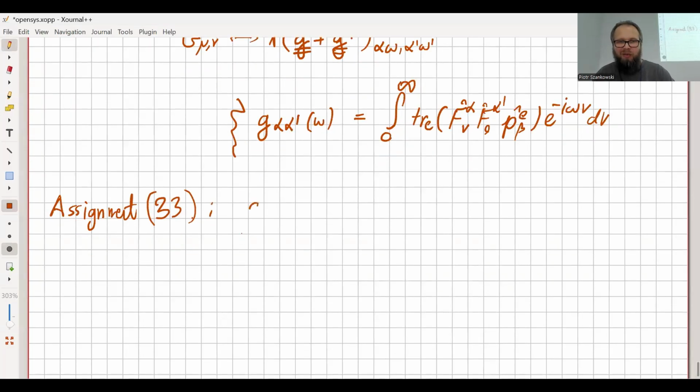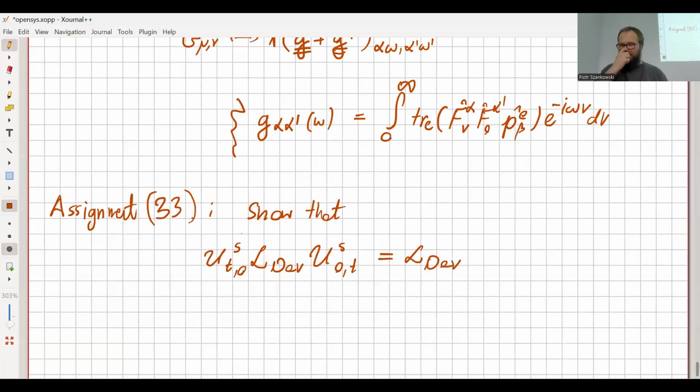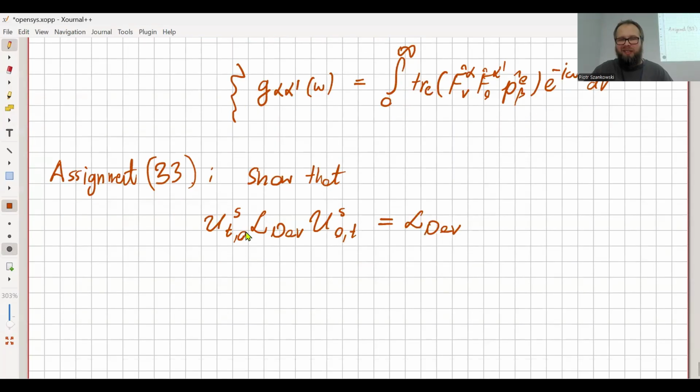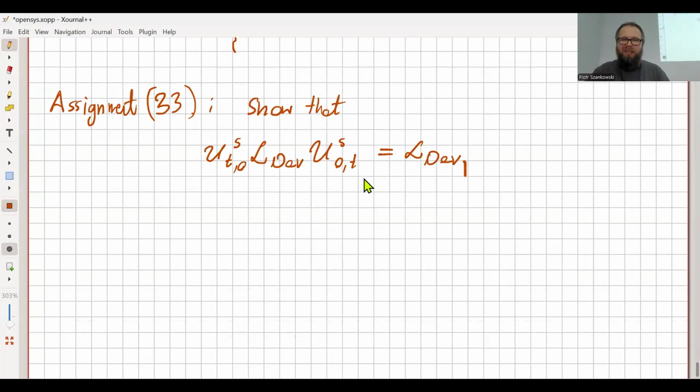Just show that the Davis generator actually commutes with the Hamiltonian, with the shifted Hamiltonian, or to be more concrete, something like that. When you take this kind of sandwich of superoperators, you just get L Davis. And this is a direct consequence of us using the secular approximation, that everything is diagonal in energies, in frequencies.